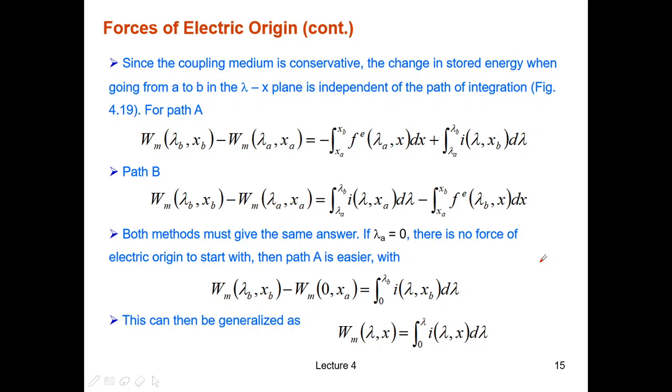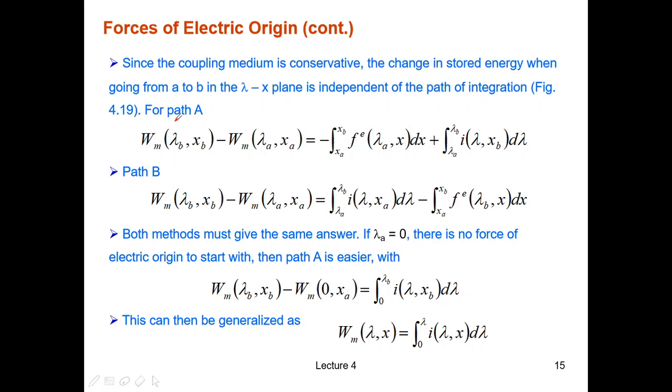The change in the stored energy when you go from A to B in the lambda-x plane is independent of the path of integration, okay. So it means that we can go in many ways. I'll draw the picture later in the live session. But there are two special paths.